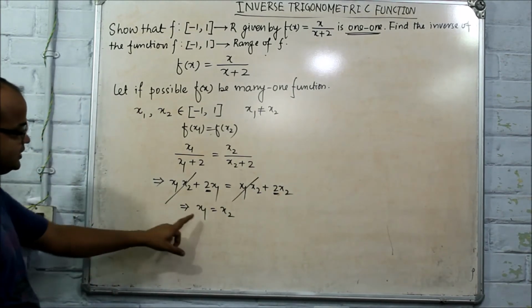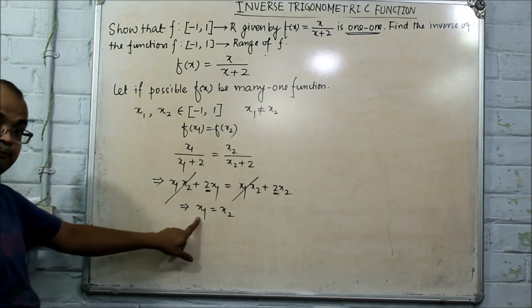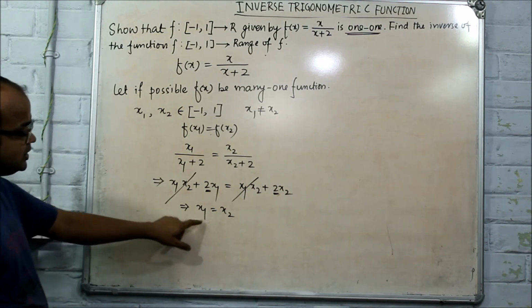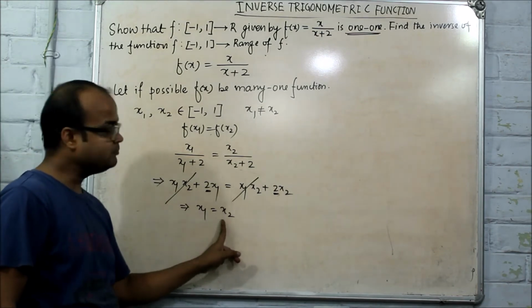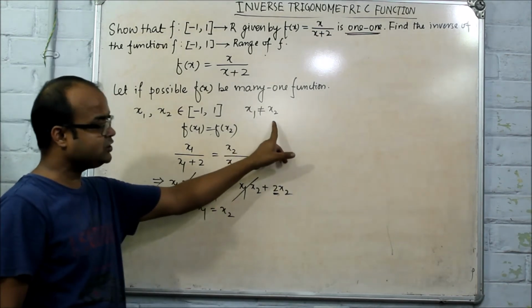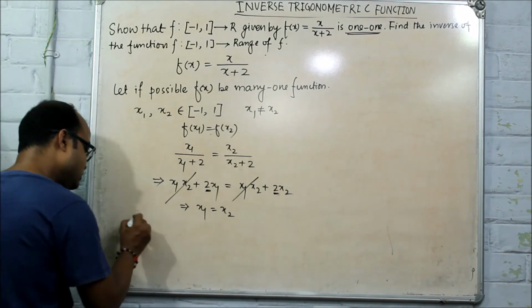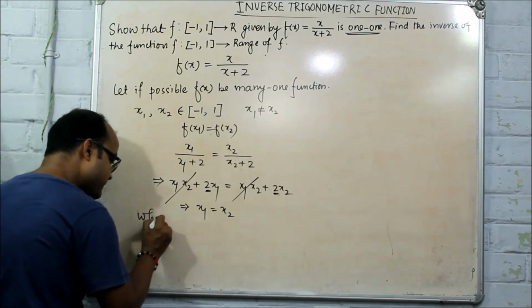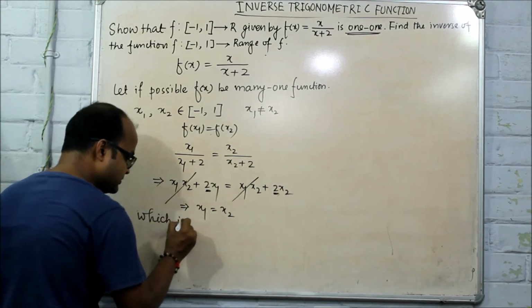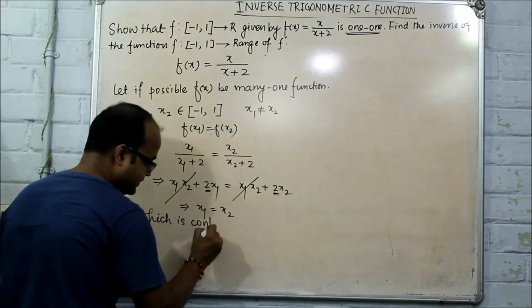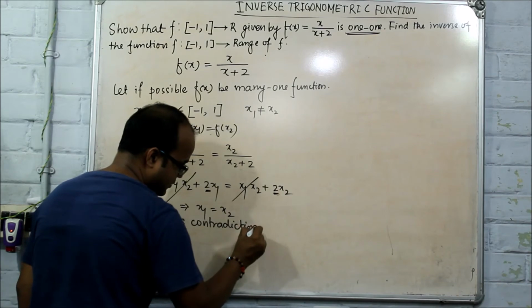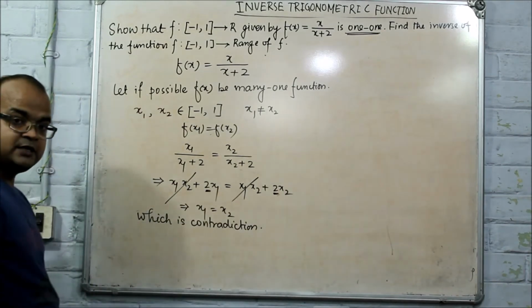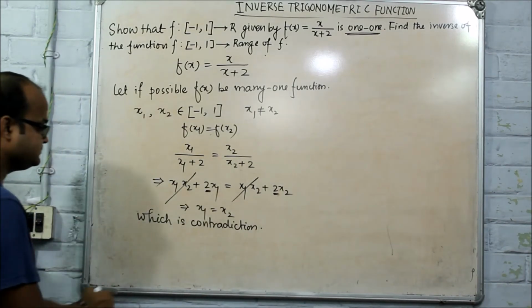Clear? Now see, we reach a point of contradiction. Why? Now after this we are getting x1 is equal to x2, but our assumption is x1 not equal to x2. So therefore, which is a contradiction. Hence our assumption is wrong.